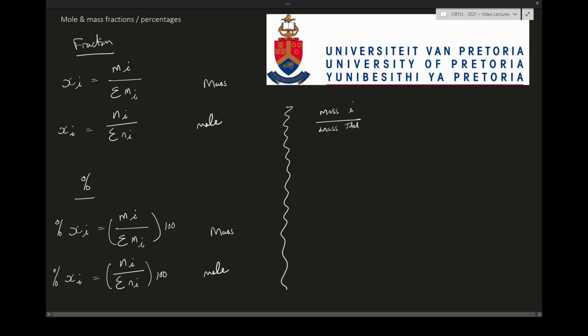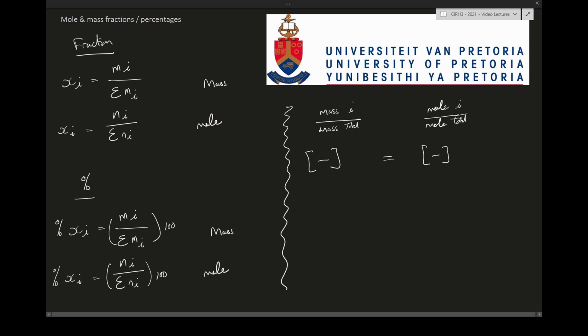And we see that the mole fraction is mole of component i over mole total. Now, look closely at these, and we can see that if we just refer to this as mass over mass, it actually cancels out top and bottom, and we have something without dimensions.